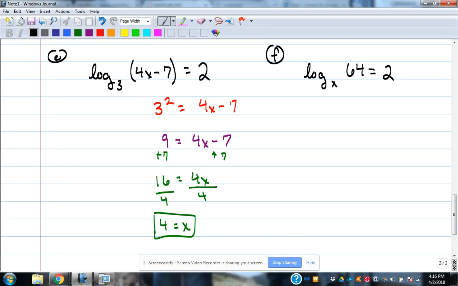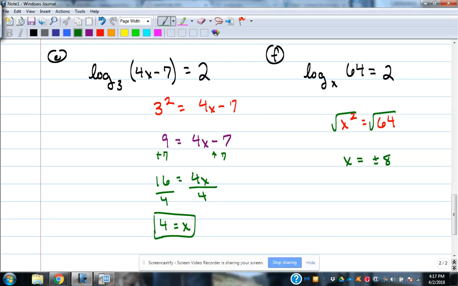Because if we rewrite that as an exponential equation, it's x squared equals 64. The base of the log, what it's equal to is the exponent, so that's x squared, and then what you're taking the log of is 64. If I solve that, take the square root, it's not just 8. It could be negative 8.